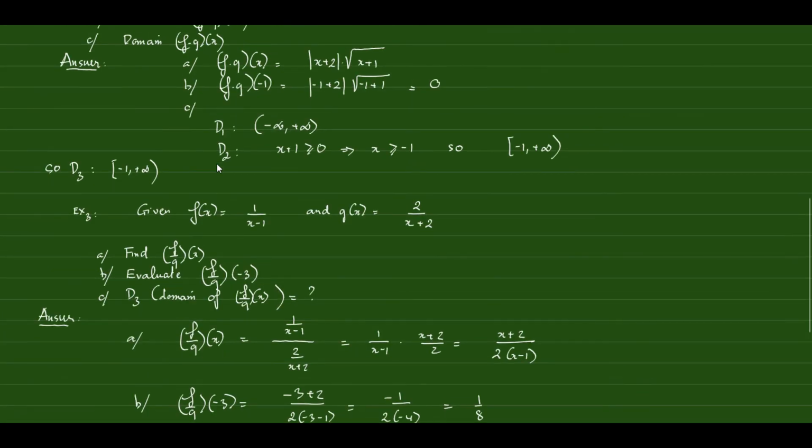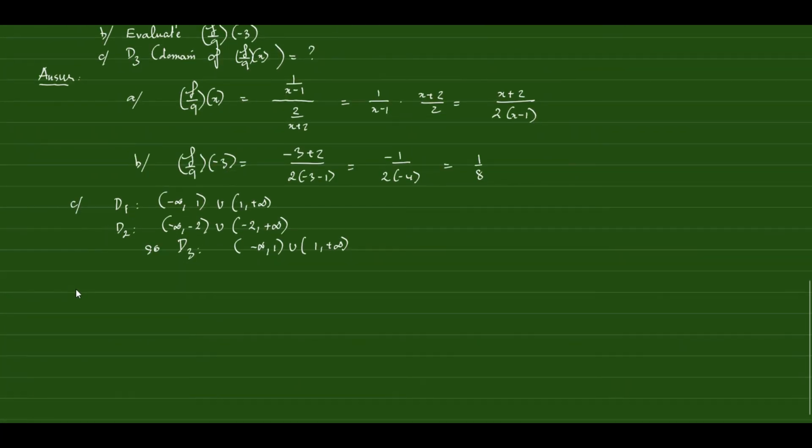Just try to practice this one, okay? I'm not going to finish this example 4, but I give it to you so that you can practice, and you can ask me if you have any question. So what if the first function is quadratic, and the second one is not quadratic? The second one is linear.